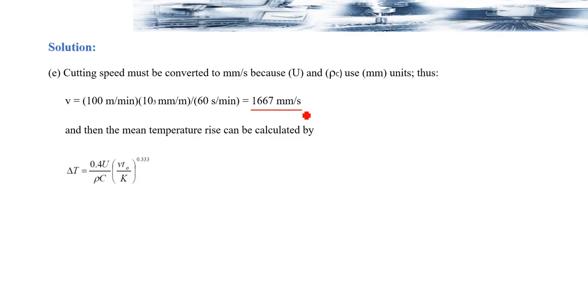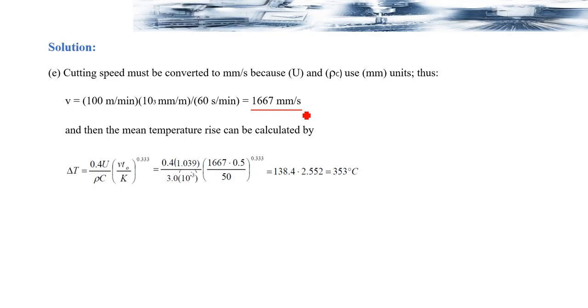So now we know the U, we know the rho C, we know the K, we know the t0, we know the velocity, put everything in, and get the answer of 353 degrees. Remember something, if you're not going to try to calculate this value with your calculator, you're not going to get the correct answer.